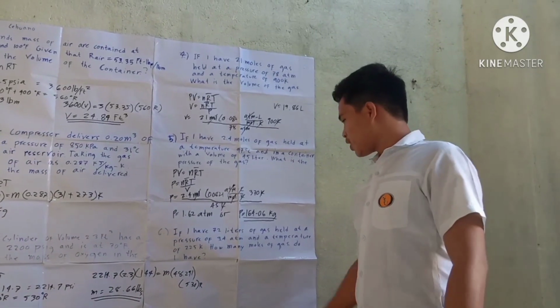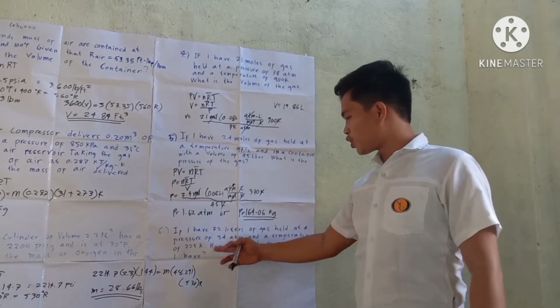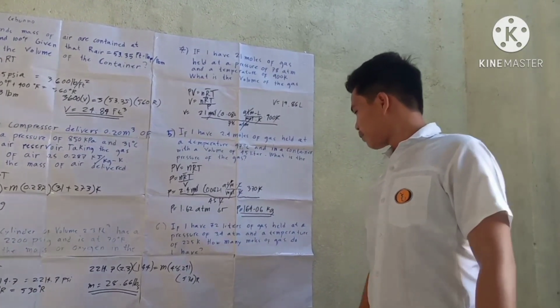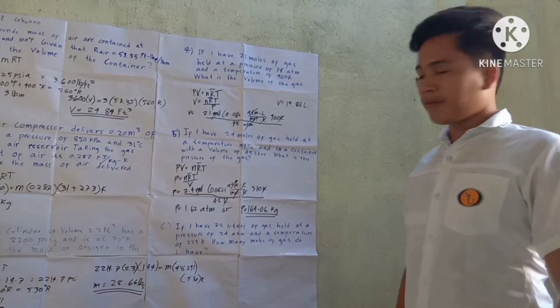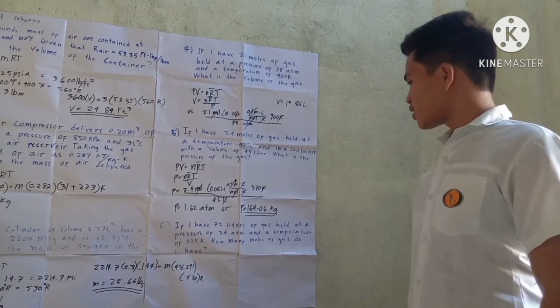If I have 72 liters of gas held at a pressure of 3.4 atm and a temperature of 225 Kelvin, how many moles of gas do I have?